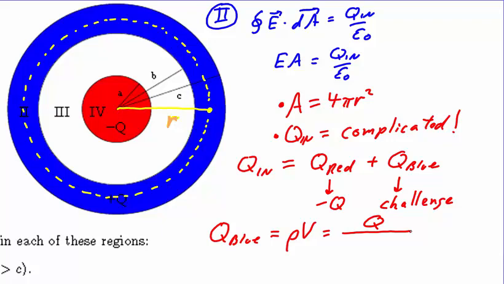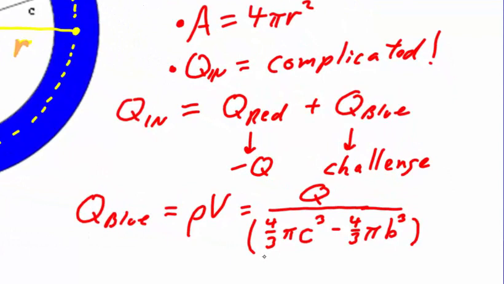Therefore, we can write down very quickly the answer for the total volume of the blue hollow sphere. This result has two terms: 4/3 pi c cubed for the entirety of the sphere, and then you subtract away the hole to get the volume only of a spherical shell.